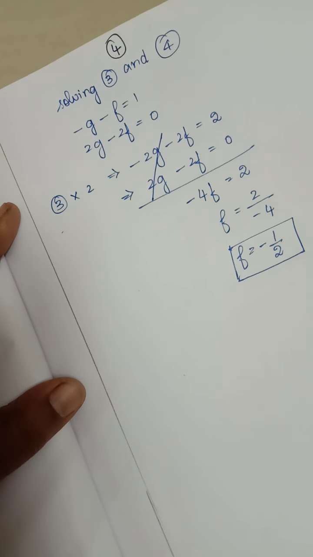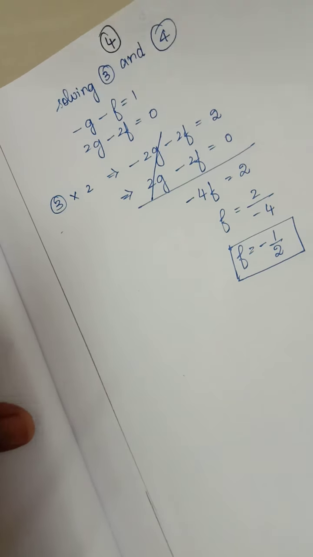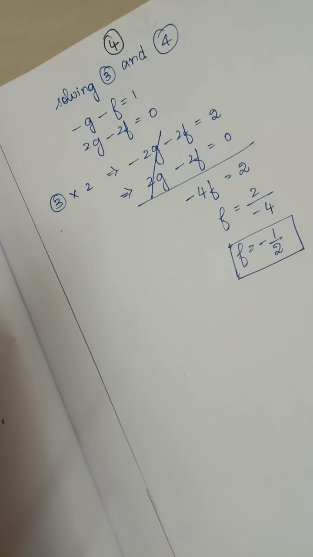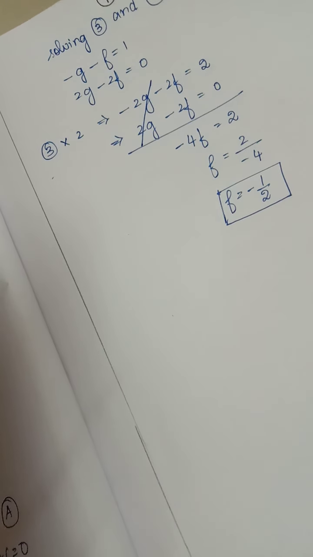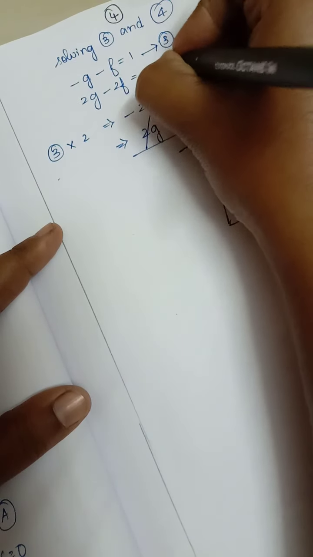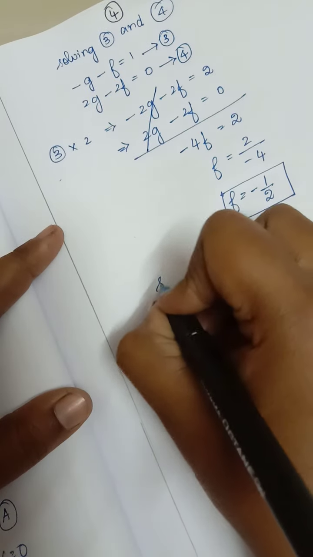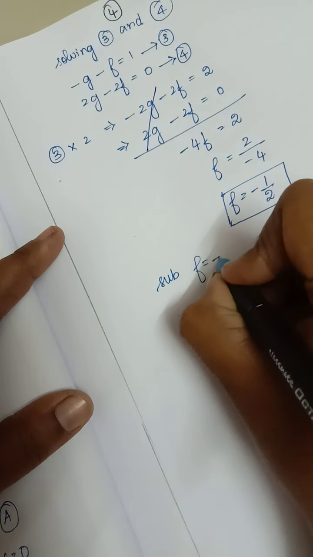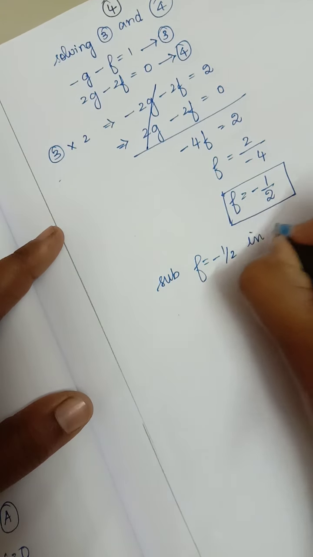Okay, then what we have to do is substitute in any one of the equations and find out the c value and g value. So substitute f is equal to -1 by 2 in 3.